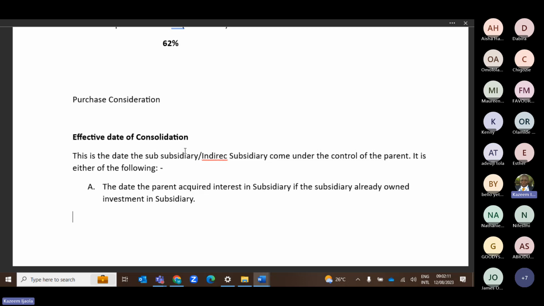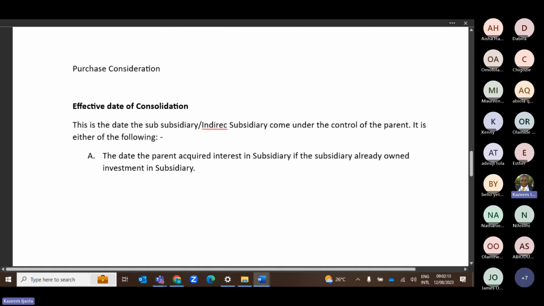Now look at this case. Let's say H's investment in X1 was acquired on 31st of December 2022.